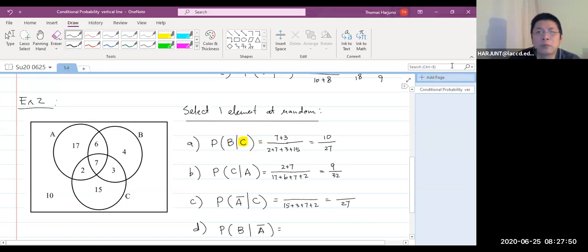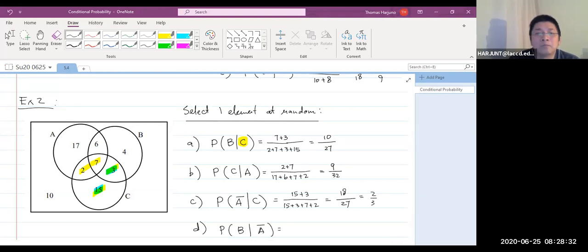And then of those elements in C, how many of them are not in A? The ones not in A are among these 27 items here. That's 15 plus 3, that's 18. Reduced by 9, that's 2/3.